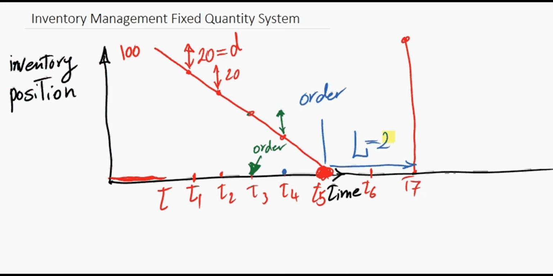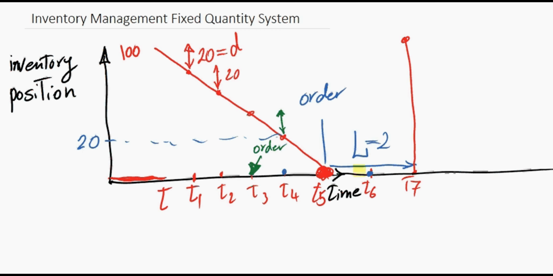If the lead time is 2 days and I order at T4, I know that at this level the inventory level is at 20, and I have 1 day to sell this 20. But if I order when I have 20 units on hand, then when the order arrives 2 days later, I have run out of stock.